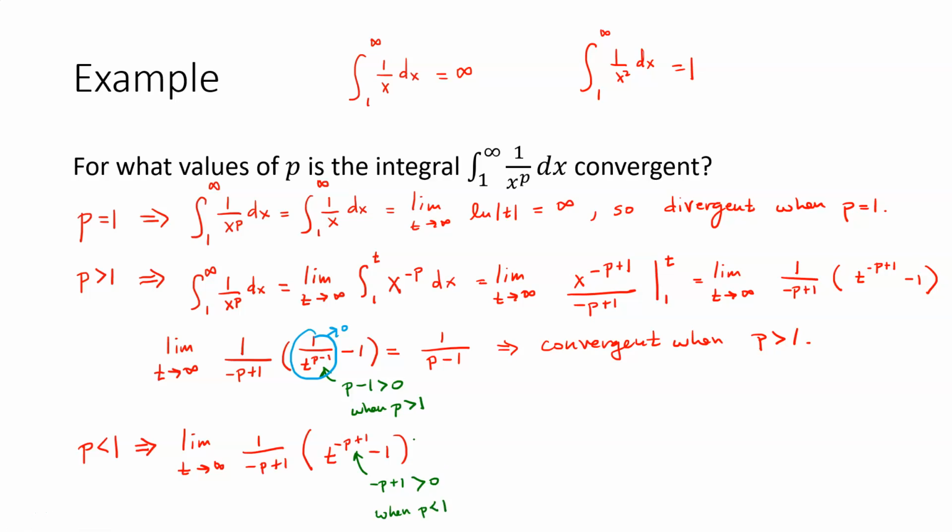And so this must be t to some positive power, and therefore as t goes to infinity, this whole thing is going to go to infinity. So you've got infinity minus 1, so this is equal to infinity. So that means that it'll be divergent when p is less than 1.